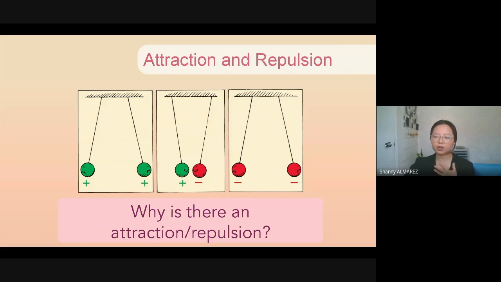Because according to the law of attraction, same charges repel each other and opposite charges attract each other. But the next question is, paano natin ma-measure? Paano natin makukompute yung amount ng force na present sa kanila? So, ano na ang makakatulong sa atin? So, that will now be the purpose of our Coulomb's law.